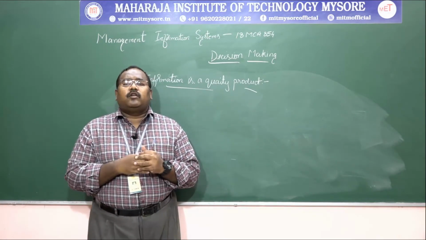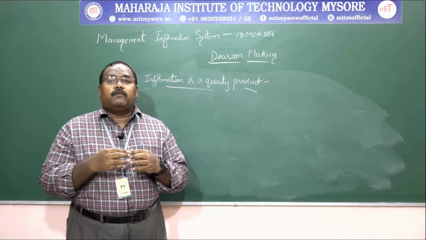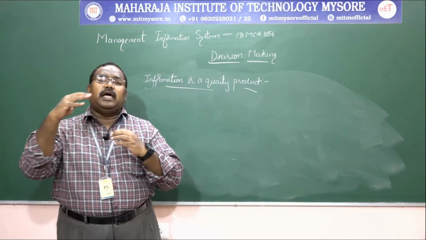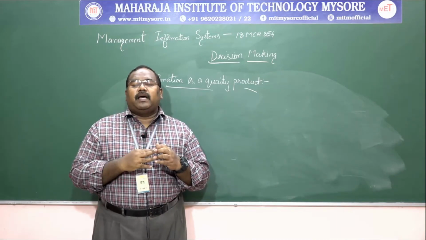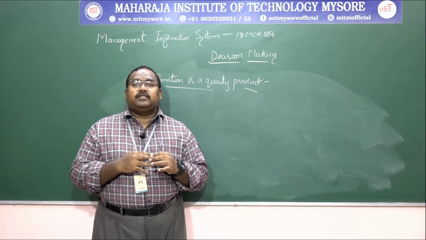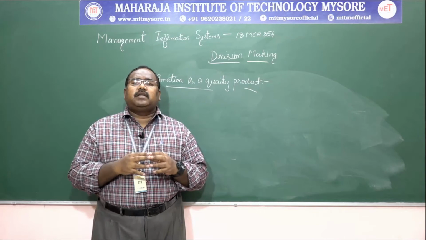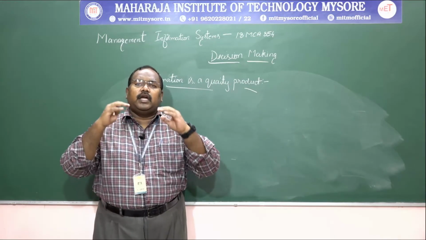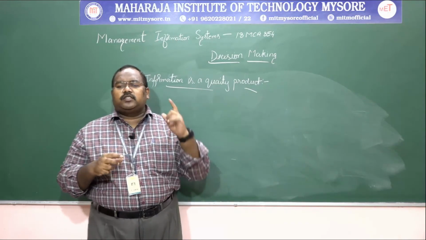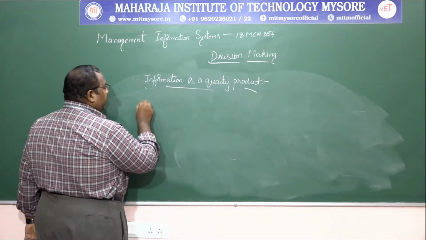When we talk about information, it is the quality. So the quality should be high with respect to information. Only then does it make an impact on the managers in order to make decisions. What are the parameters that need to be considered for information to be a top quality product? The first one is the utility.